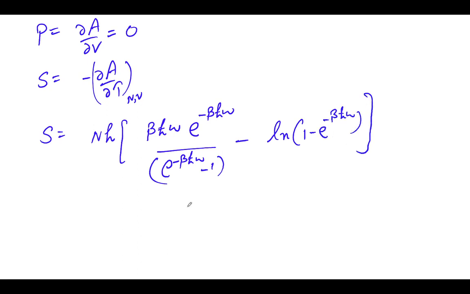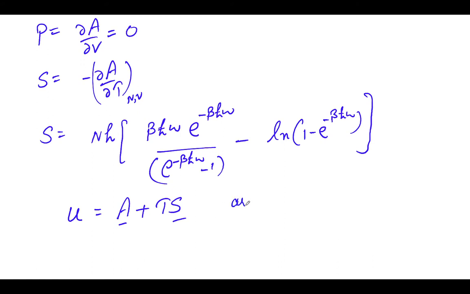So this is your homework. You try to solve these. Otherwise, I can help you, so you can ask me where you got stuck. From that you can find out the value of the internal energy, which is A plus Ts. By putting the value of A and S, you can derive this relation.